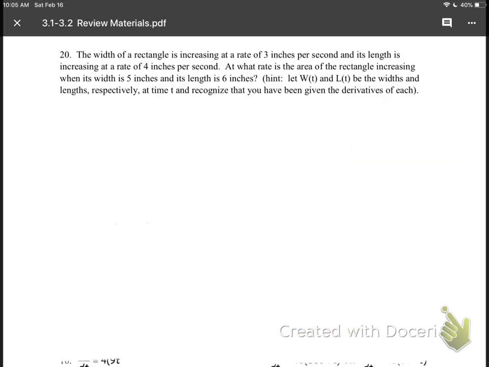Okay, so let's read this problem and write down things as we go. So it says the width of a rectangle is increasing at a rate of 4 inches per second. So the width, so W prime equals 3 inches per second.